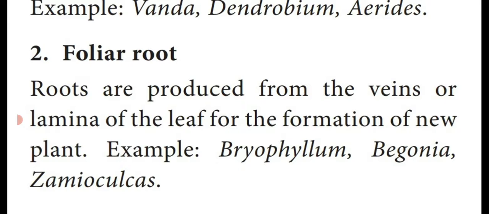Example, Bryophyllum, Begonia, Zamioculcas. Dear students, see the paragraph, root which are producing from the vein. Vein means what is that one? At the midrib region or in the lateral portion of the lateral vein, or leaf lamina. Leaf lamina means the outer surface of a leaf, or margin of a leaf.